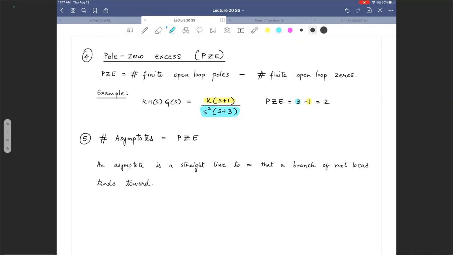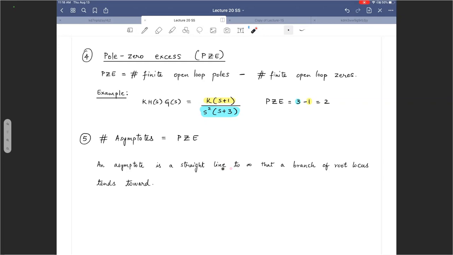So the PZE, pole zero excess, for this particular transfer function is 2. We will use PZE to find the number of asymptotes in the s-plane. An asymptote is a straight line to infinity that a branch of the root locus tends towards.